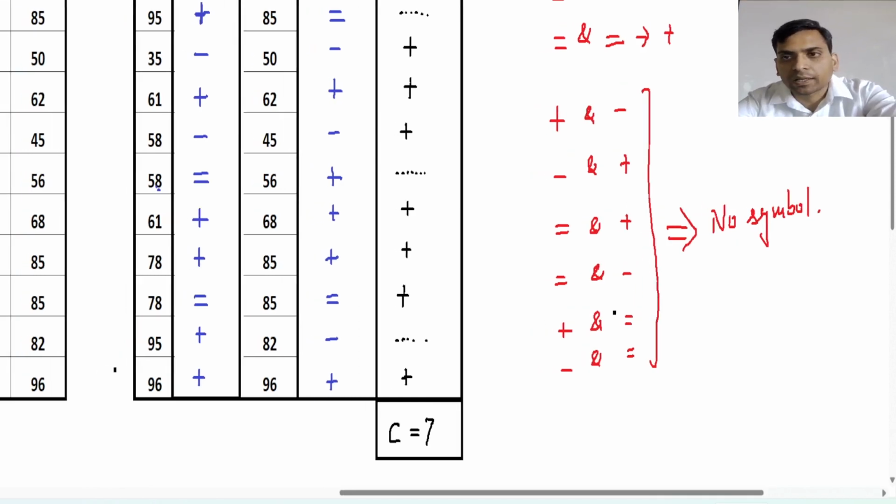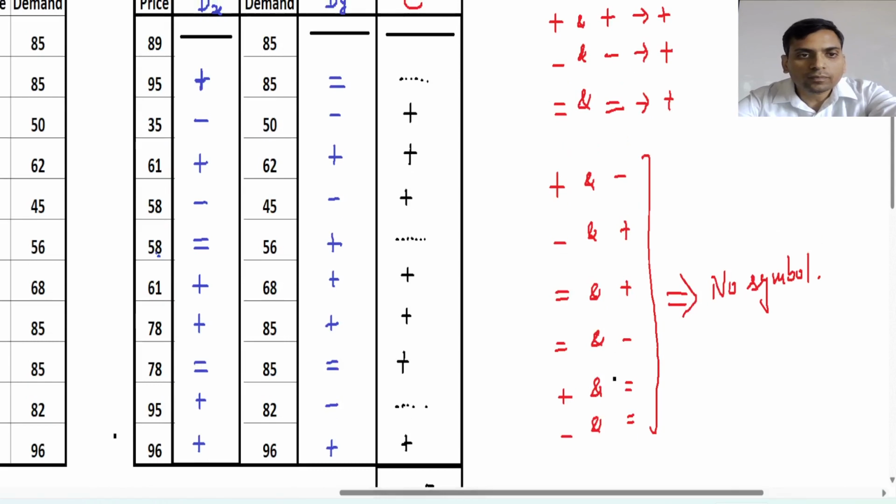Now next thing, how many deviation quantities are there? For a pair, how many quantities of deviations? So we will not consider the first one because we can't find a change for this first one. So deviations are 1, 2, 3, 4, 5, 6, 7, 8, 9, 10.